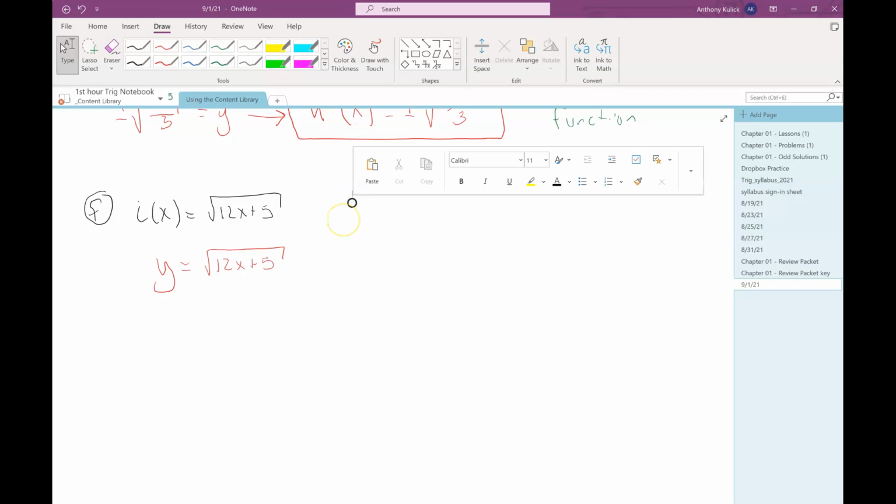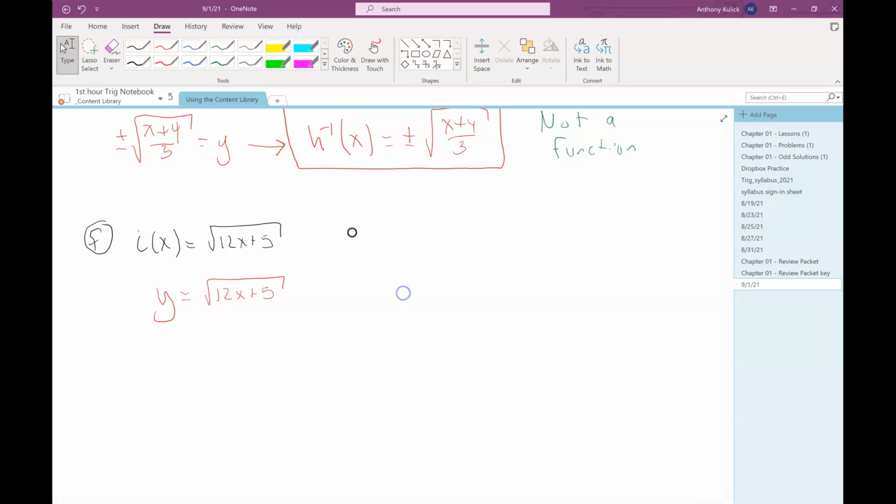Uh-oh. What happened to my pen? Hey, you. So when we got the new computers, the teachers here, they gave us these new pens, and they stink.